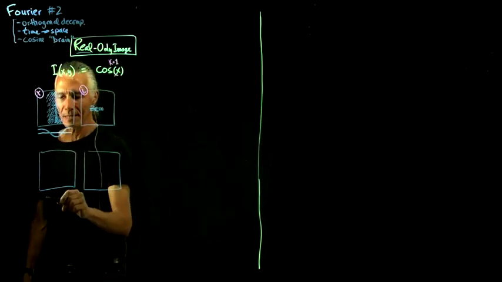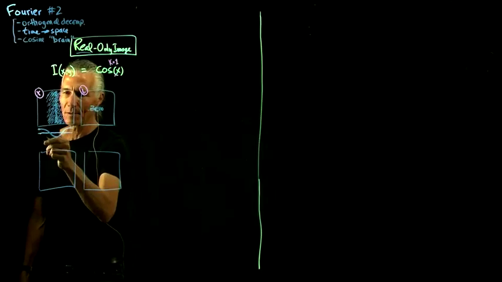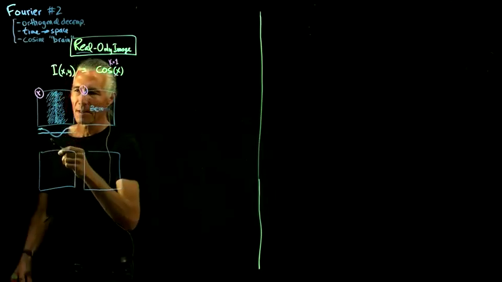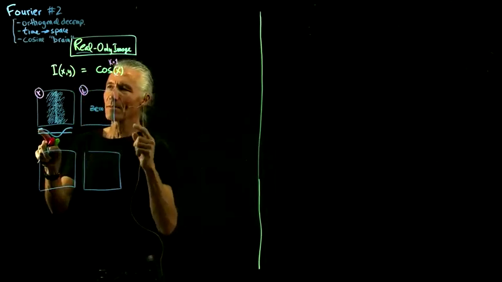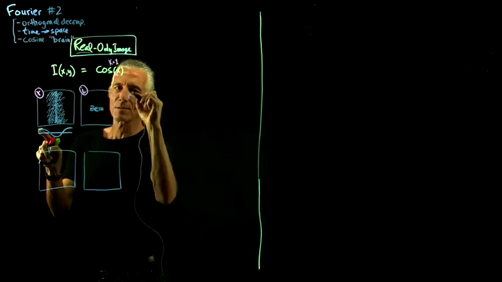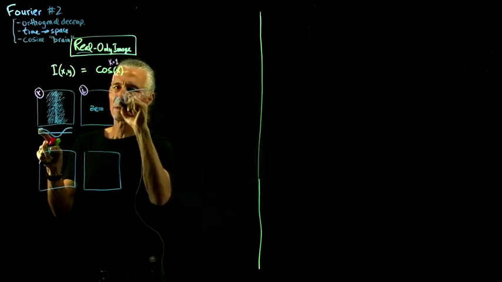So what happens when we look at the amplitude of this? Remember, how do we get the amplitude of a complex number? We just take the real squared plus the imaginary squared, take the square root of that. That's how we calculate the amplitude.